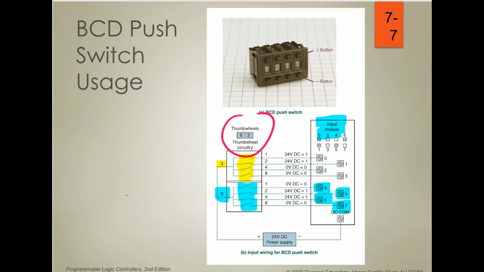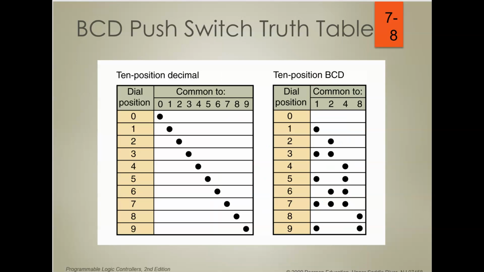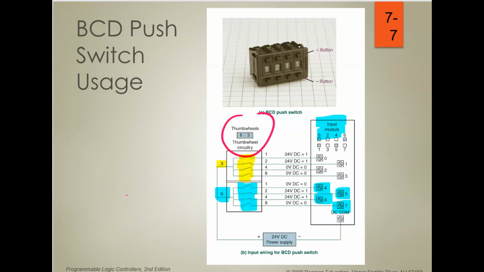So now, in order to see how it works, let's look at the next slide. In this slide, we have the truth table for our push switch. What you can see here are the 4 switches we need for every single decimal digit.